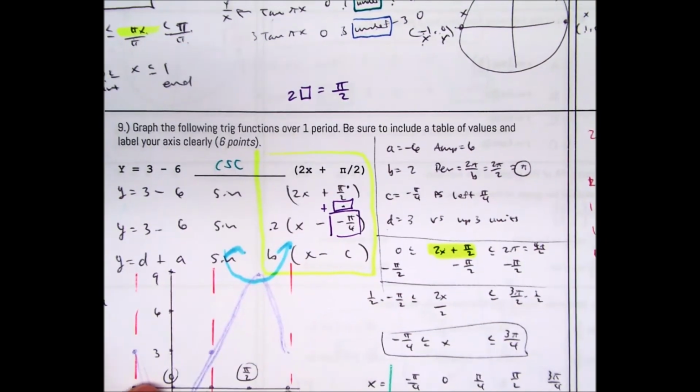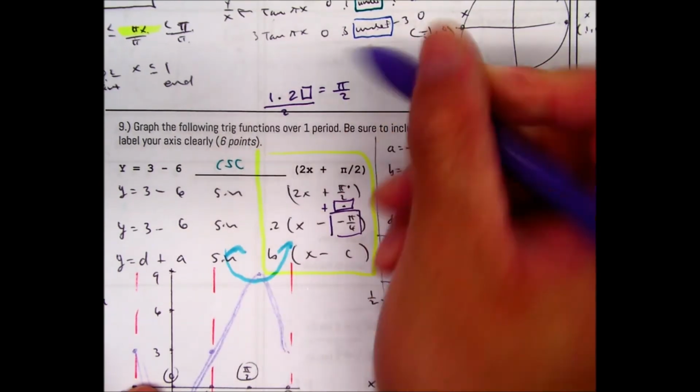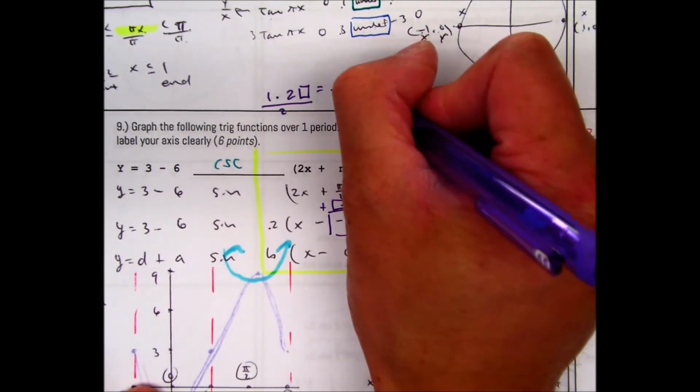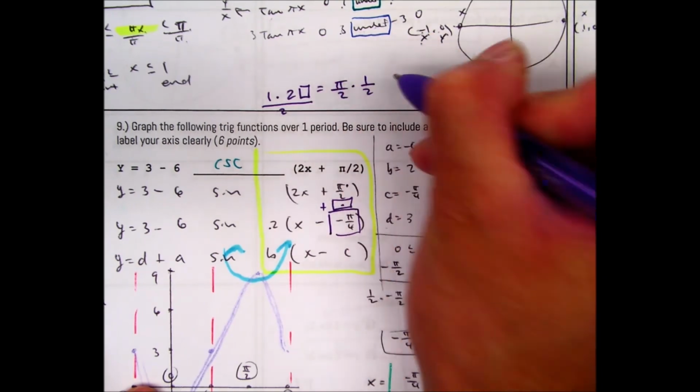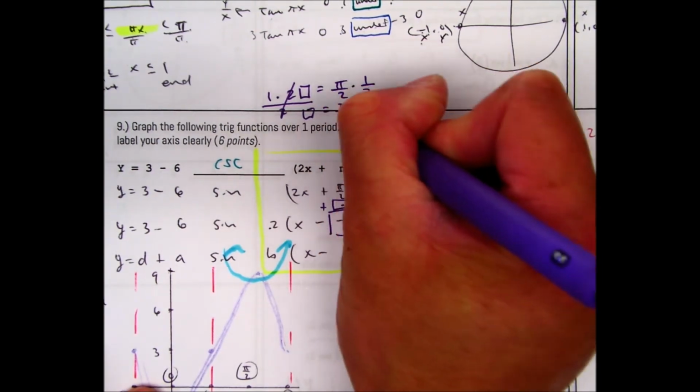How do you solve for the box? I'm going to divide by 2. Dividing by 2 is the same thing as multiplying by 1/2. These two cancel. Your box is equal to pi over 4.